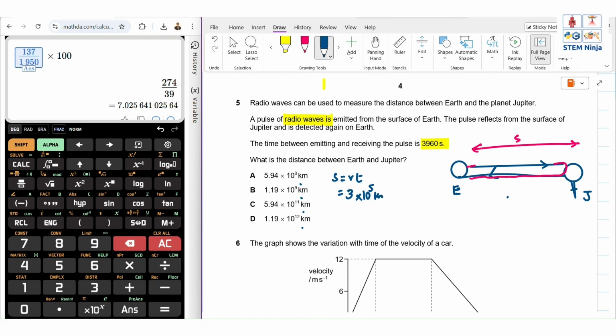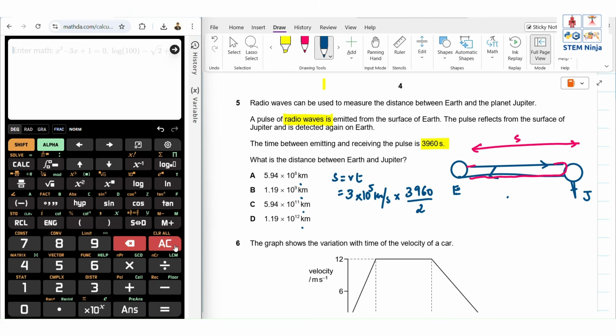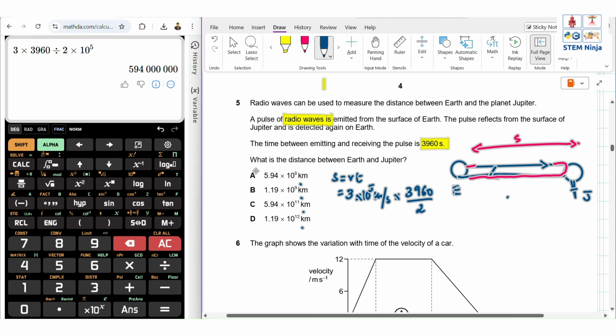So 3 times 10 raised to power 5 kilometers per second times 3960 divided by 2. This is 5.94 times 10 to the 8. So A is the answer.